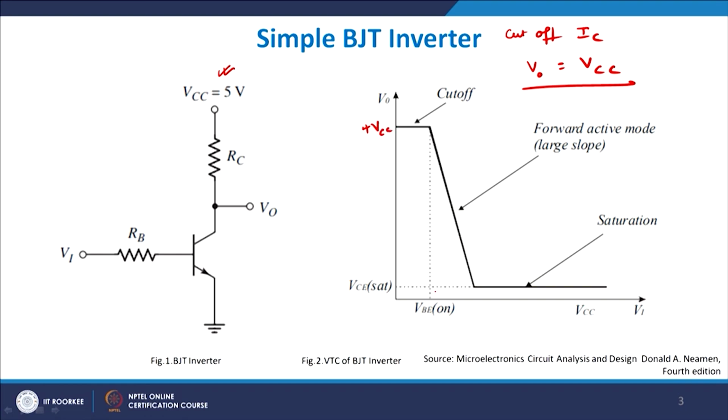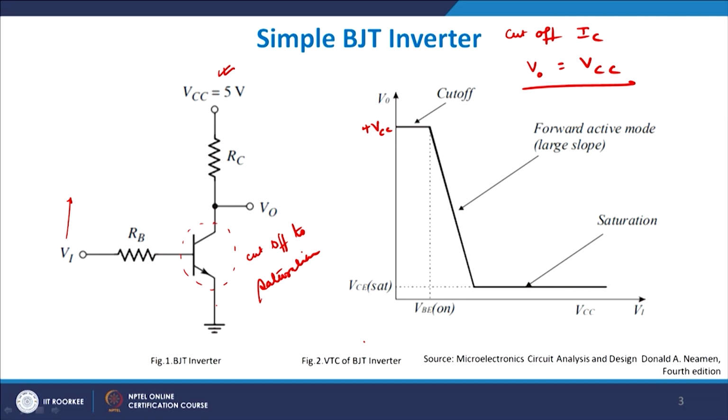Now, as you go on increasing the value of Vi from a low value to a high value, you switch on the device drastically, and it goes from cutoff to saturation. Why saturation? Because the voltages are not large enough to ensure that it has moved fully into on.